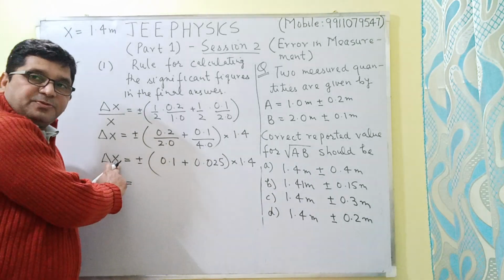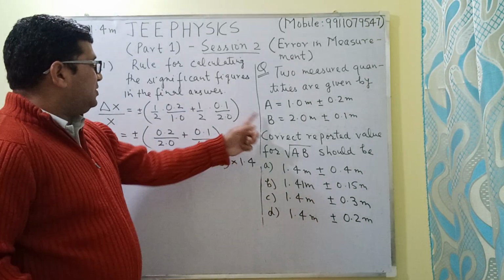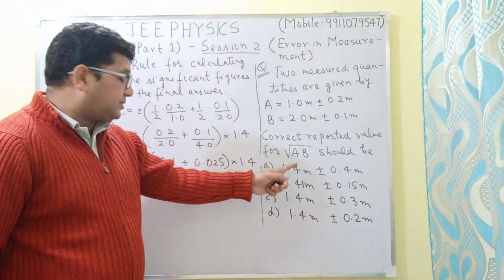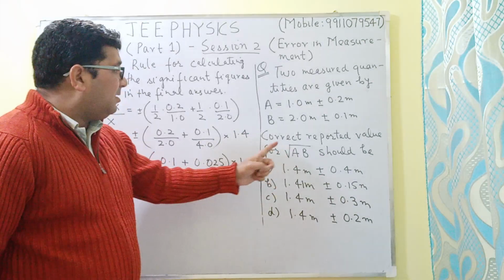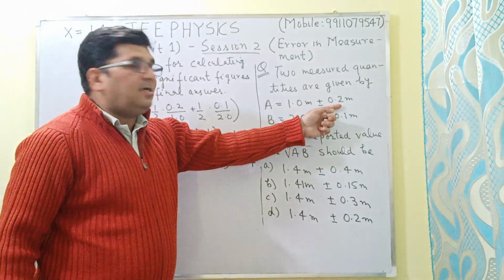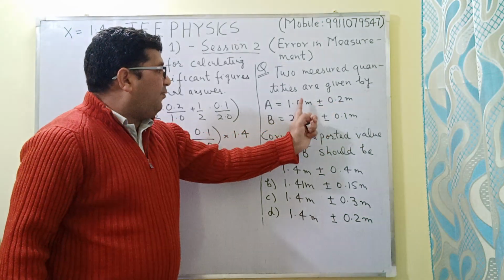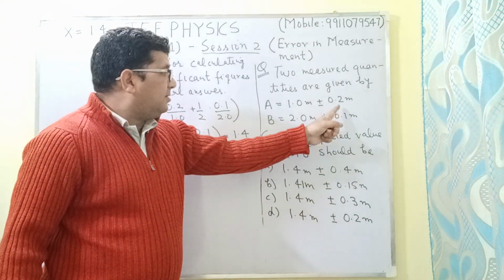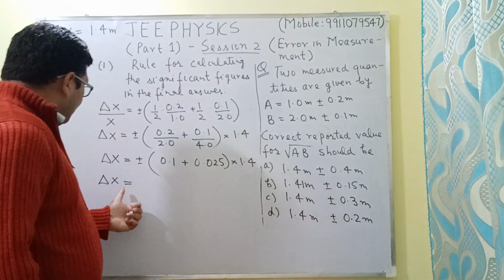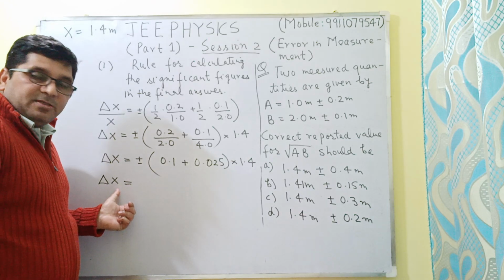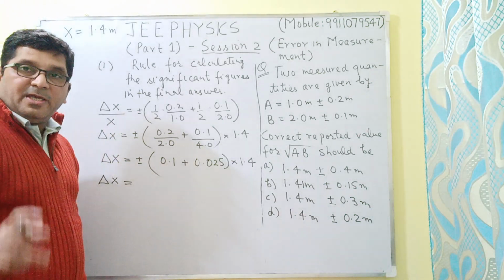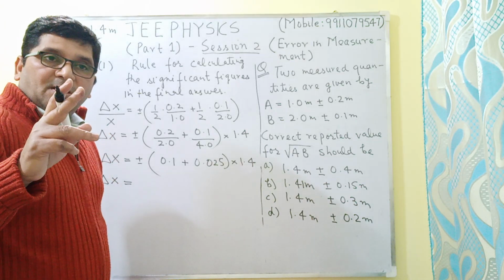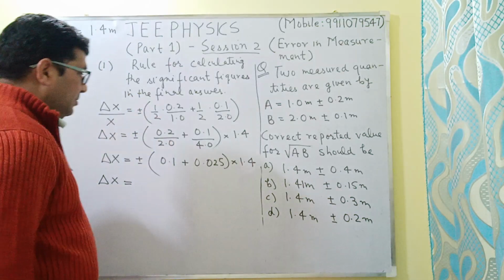delta x is the absolute error in the measurement of the final value, that is under root AB. Now here the absolute errors in the measurement of A and B have only one significant digit. So the delta x should also have only one significant digit in the final answer.